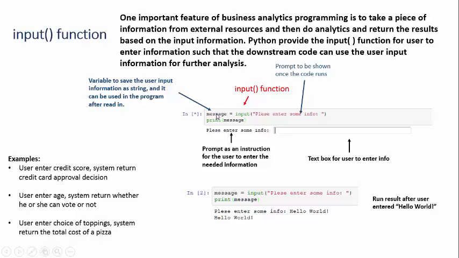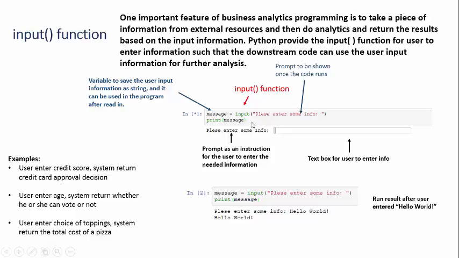Once it is saved into the variable message, it can be used in the downstream analysis. For example, in this very simple case, we're going to print out what the user just entered.